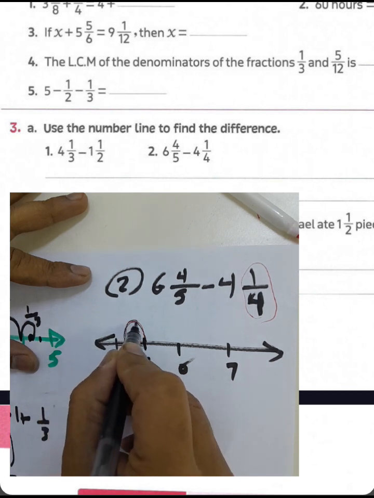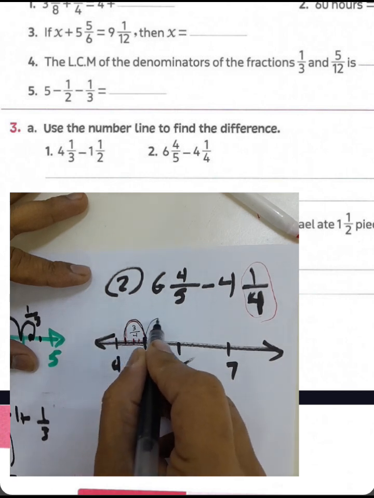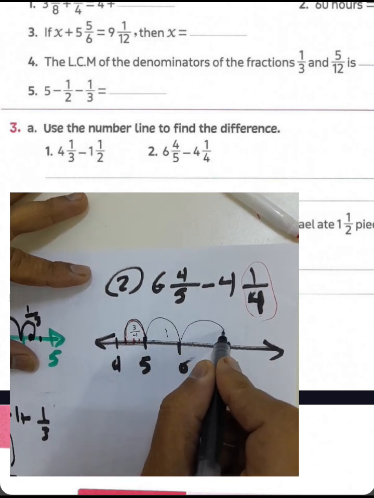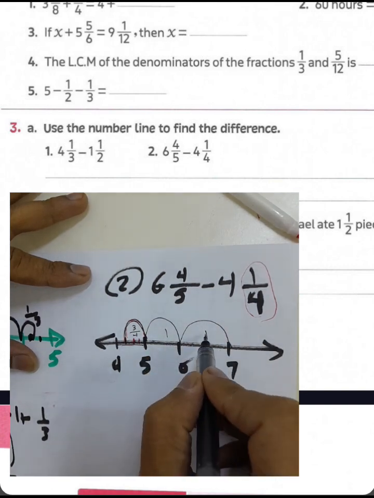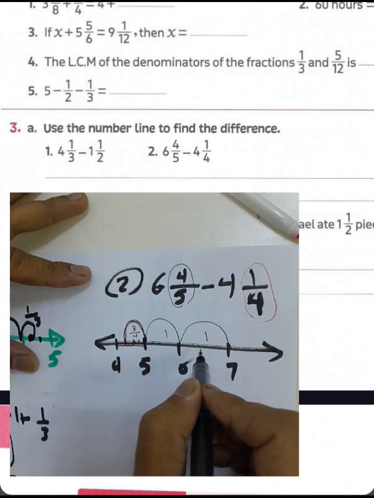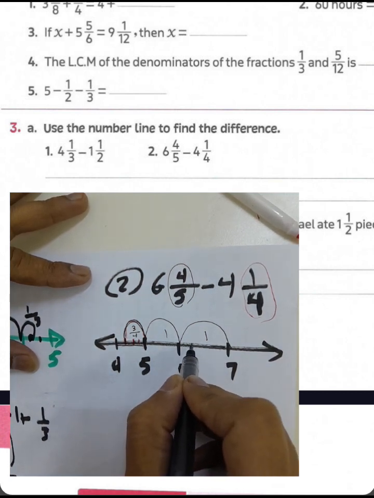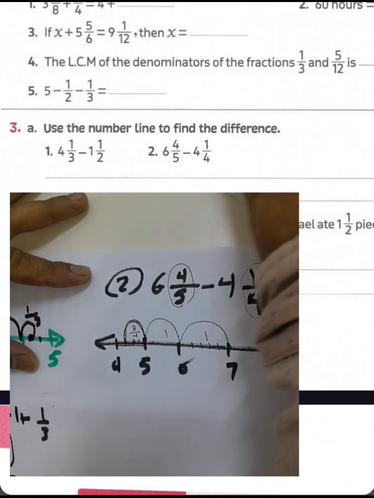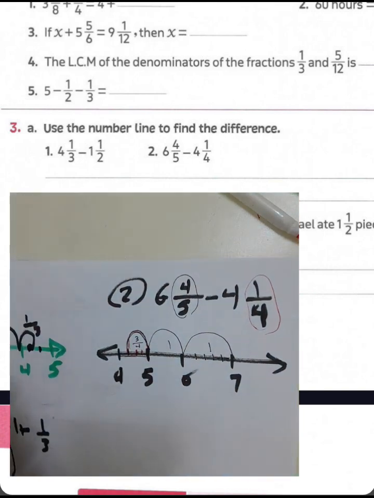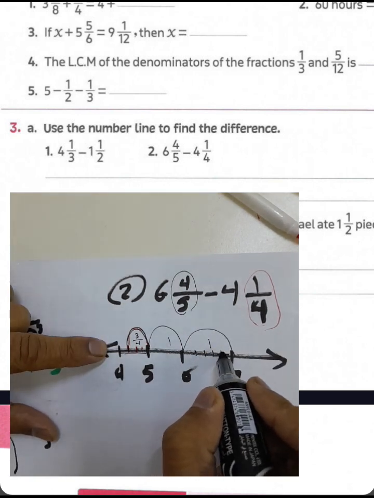Going to 5, we have 3 over 4, and here 1, and here 1. I want to find what? 6 and 4 over 5. You must divide this space into 5 parts. 1, 2, 3, 4, 5. 5 parts. You must go from 6 to 4 over 5. 1, 2, 3, 4 here.